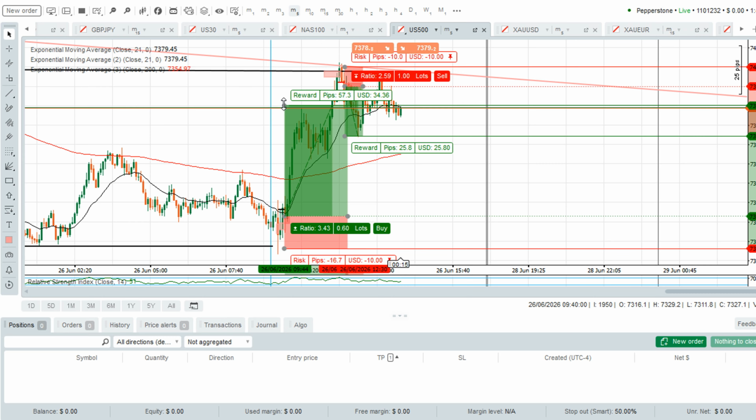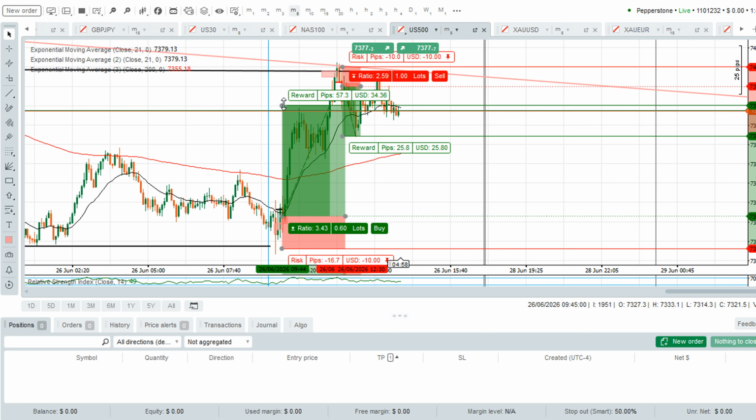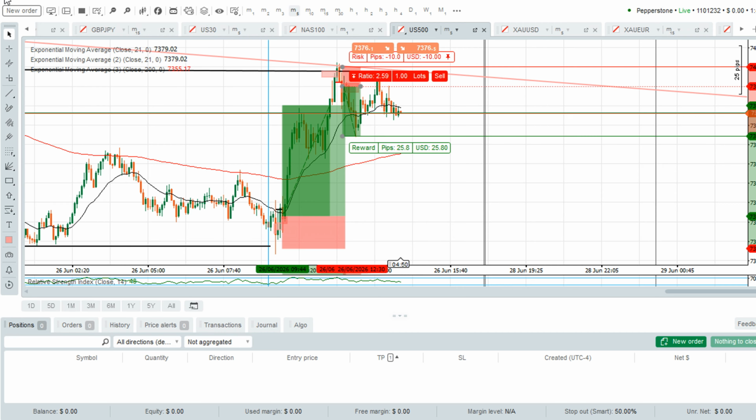In the coming week, I'll be making a full video of how to trade the ICT trading model or strategy, how to mark your liquidity zones, how to identify fair value gaps, how to identify the daily bias, and I'll also make a video to show you how to use cTrader, this powerful trading platform.